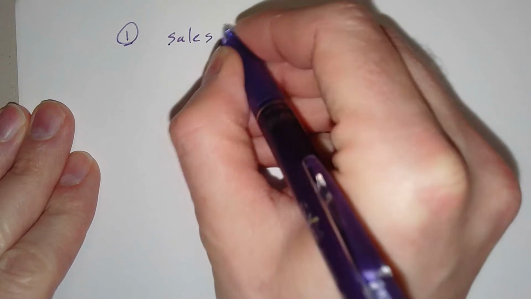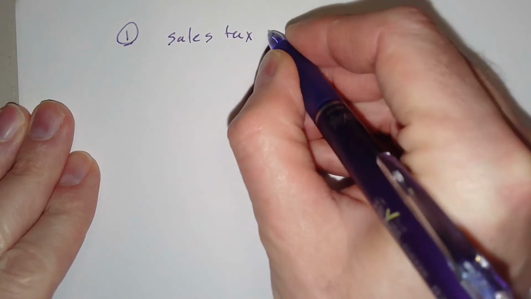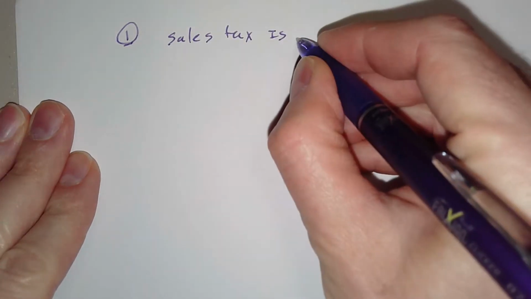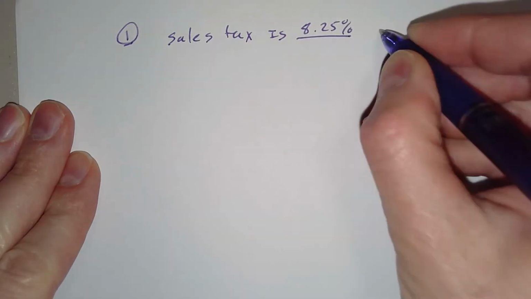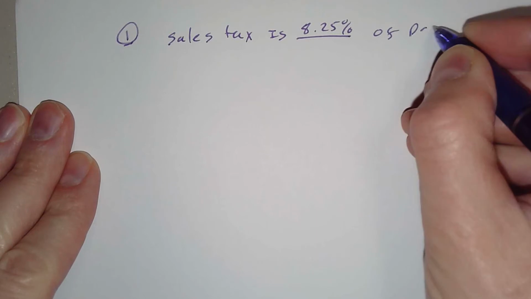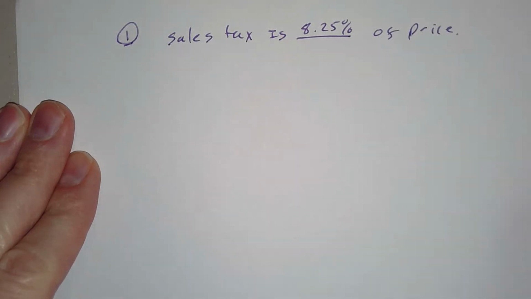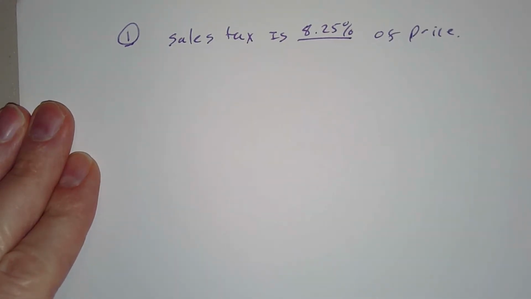So what we're doing here is you have to remember that the sales tax is, in this case, 8.25% of the price. Now looking at the problem, we have the price.